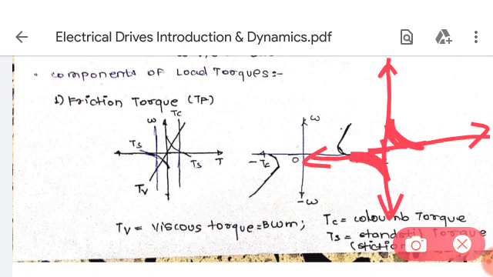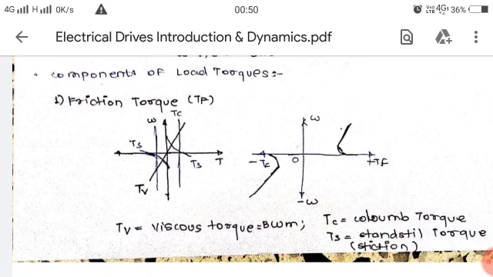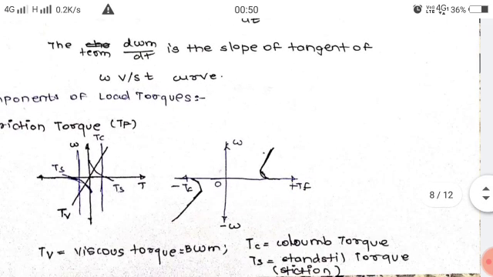This torque is present only near zero speeds, and once the speed is slightly higher than zero, it goes to zero. See, it is reducing like this, going to zero, reducing in this way. I'll just redraw it.